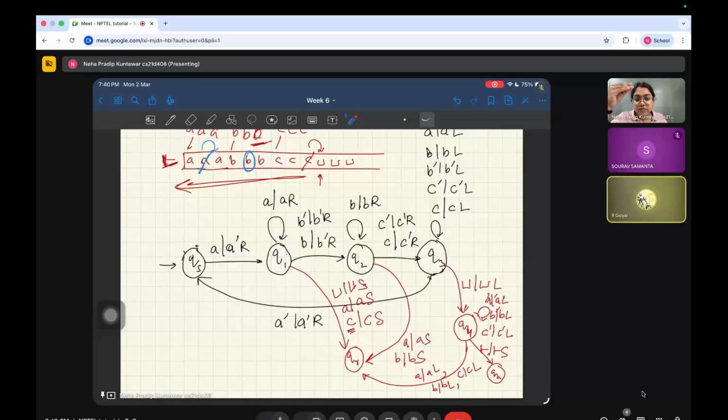Do we have a state of rejection? Yeah, this is your single state of rejection. So the state of rejection is the same as the trap state in the finite automata. Yeah.